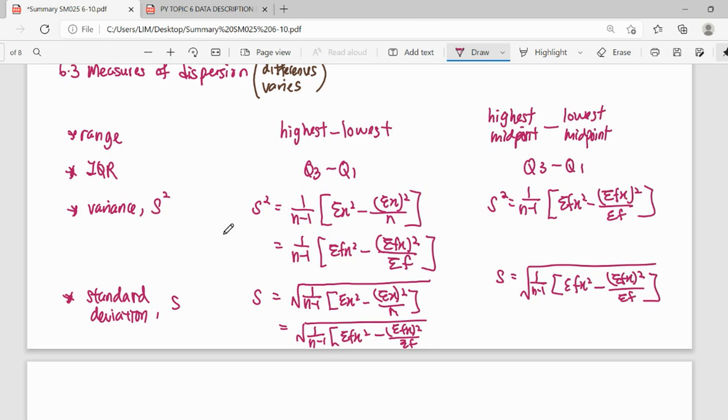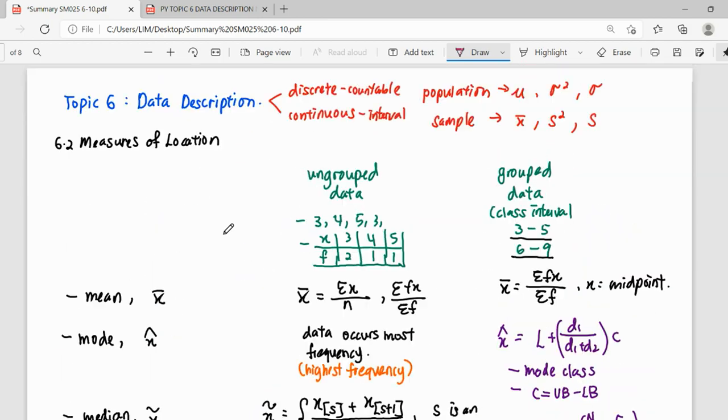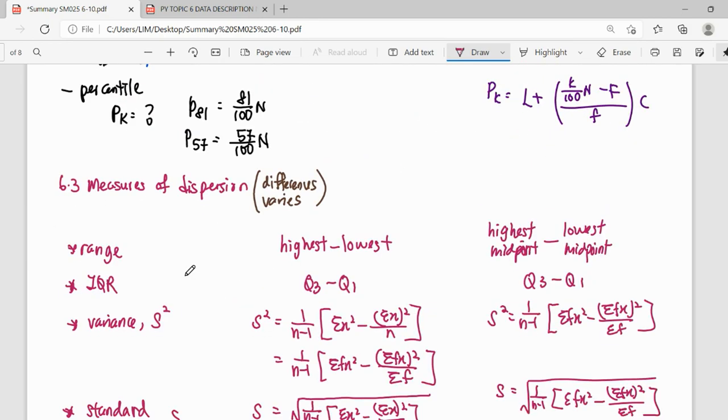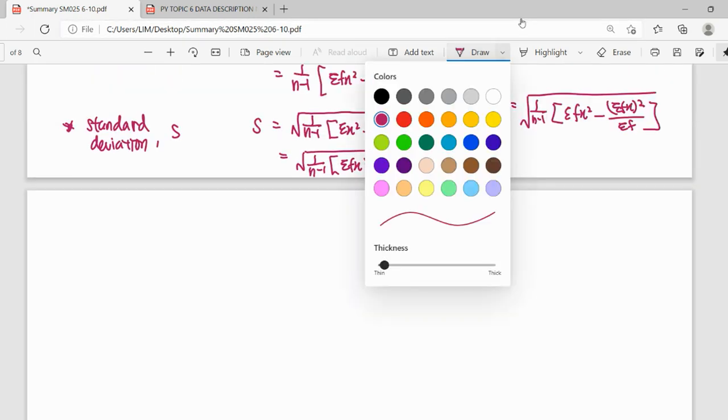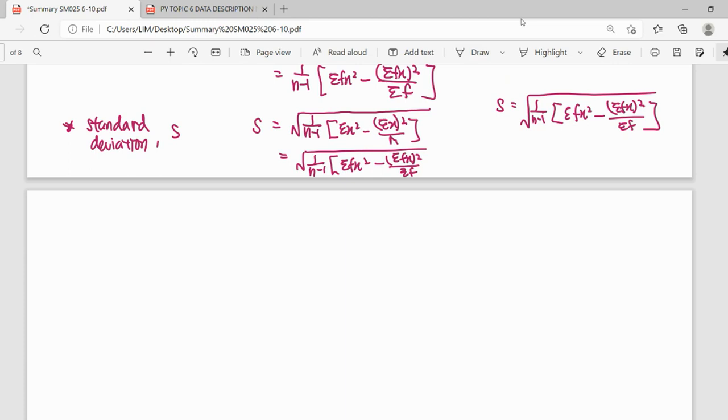Besides learning the measurement of location and the measurement of dispersion, in this topic you also have a lot of representations of your data.